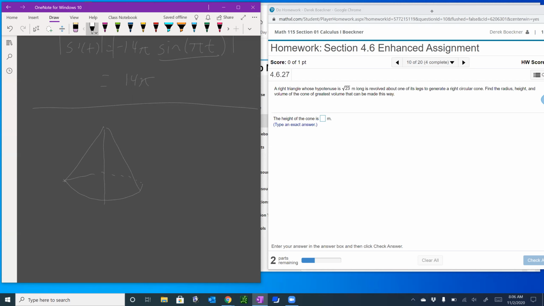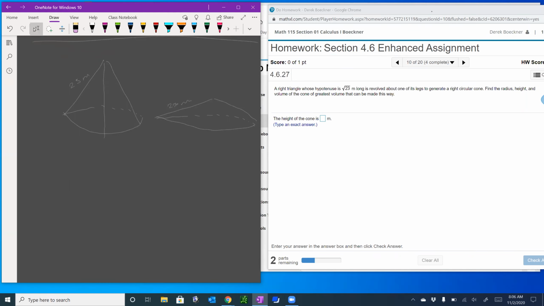You could get a cone like that. Or if it's flat, same length, right? This is still square root of 23 meters. You could get kind of a squatty cone like that. Okay, so the orientation of how we put this in is going to give us different cones.